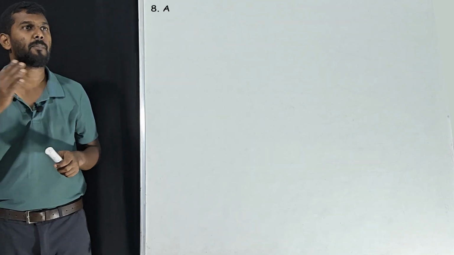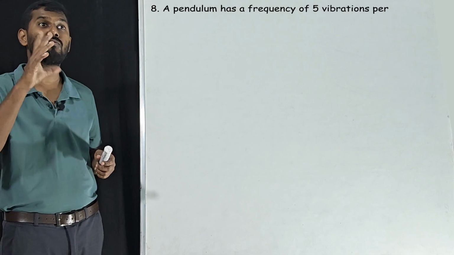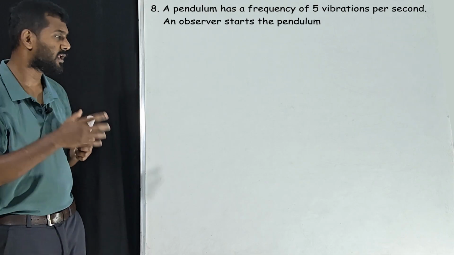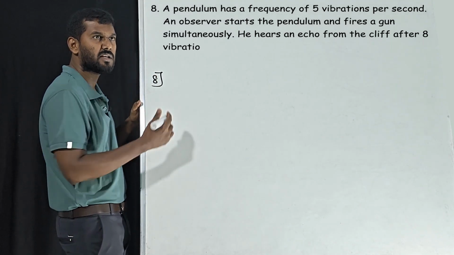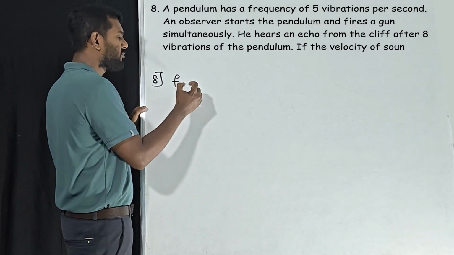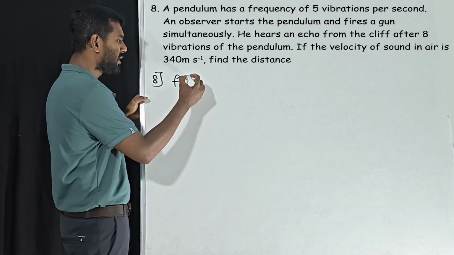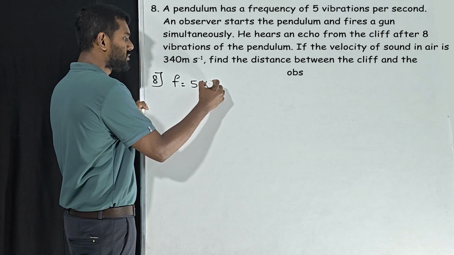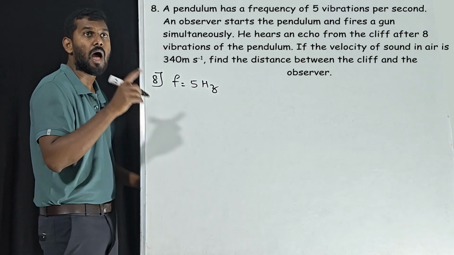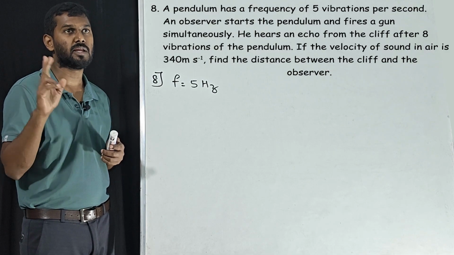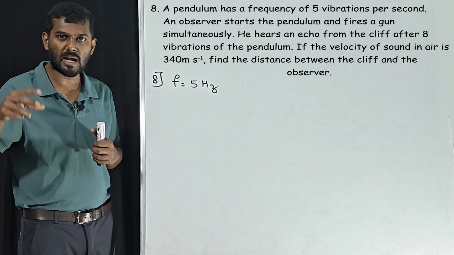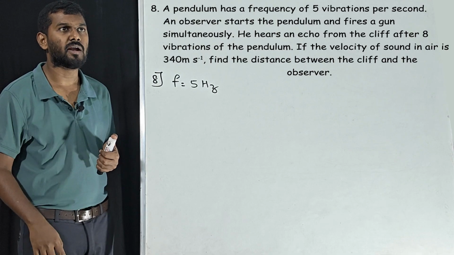Our next question: a pendulum has a frequency of 5 vibrations per second. This is question number 8. We'll write the given data as it is. A pendulum has a frequency of 5 vibrations per second, that is nothing but 5 hertz. An observer starts the pendulum and fires a gun simultaneously. At the same time the pendulum is started, a gun is fired.